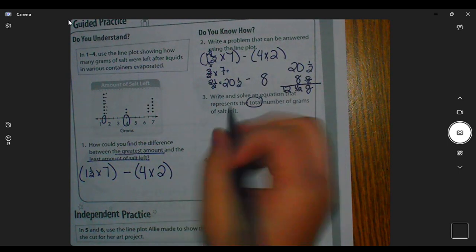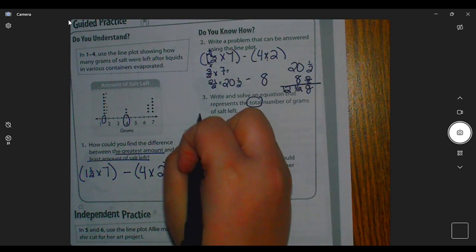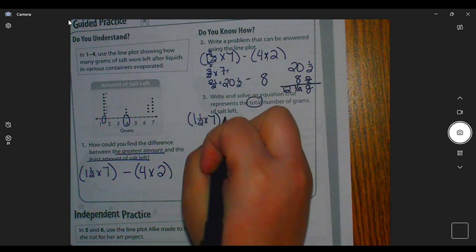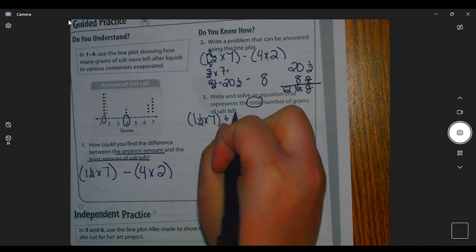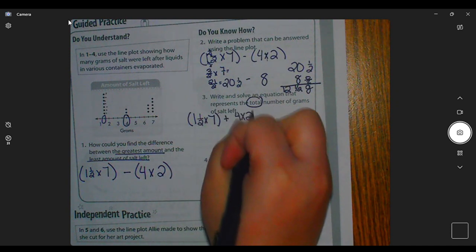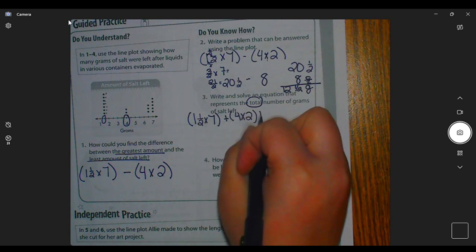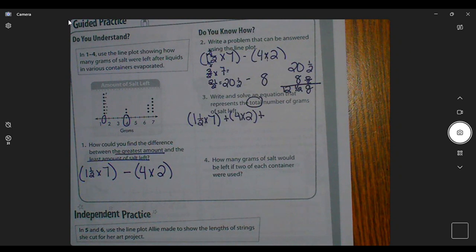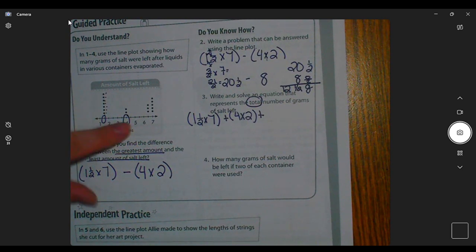So I already know I have 1 1/2 times 7 plus 4 times 2 plus, where's my next value? Where is that next value located? Let's look. Do I have anything at 6? Nope.